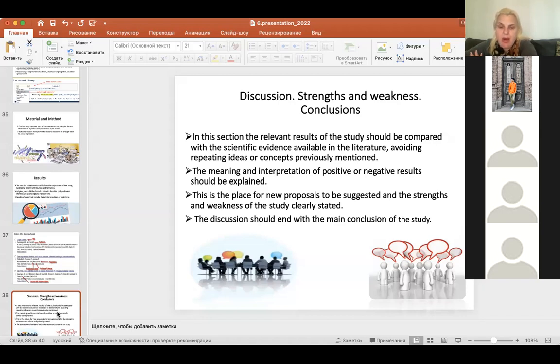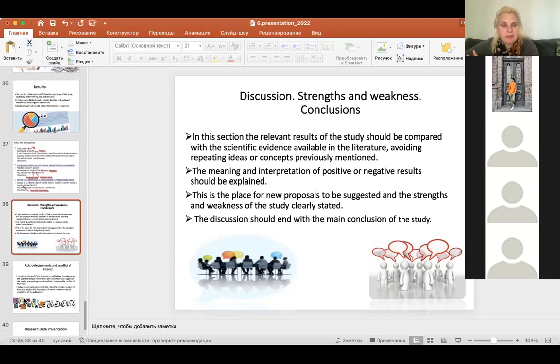The meaning and interpretation of positive or negative results should be explained. This is the place for a new proposal to be suggested, and the strengths and the weaknesses of the study clearly stated. The discussion should end with the main conclusion of the study.